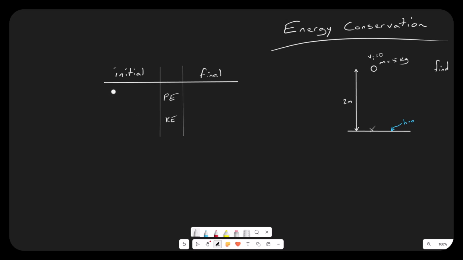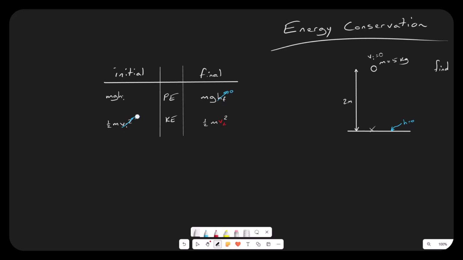My initial potential energy is going to be mg h initial, and my final potential energy is going to be mg h final. My h final is 0, so that guy is 0. My initial kinetic energy, half m v initial squared. My final kinetic energy, half m v final squared. And my initial kinetic energy is 0.